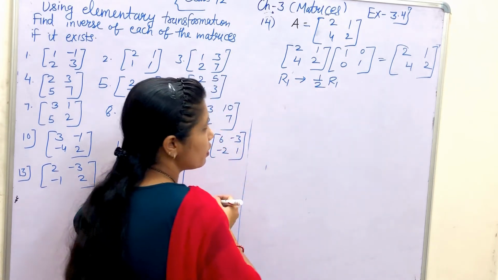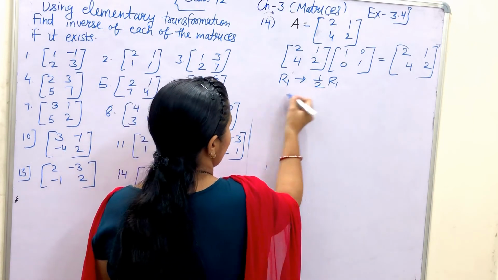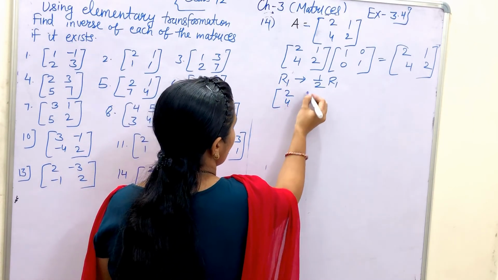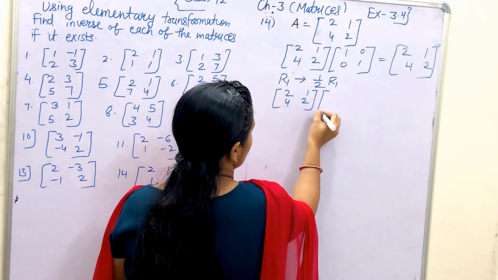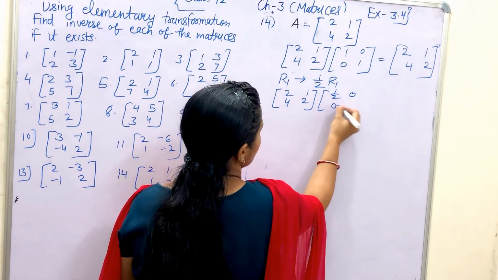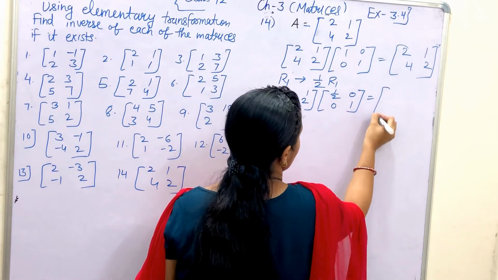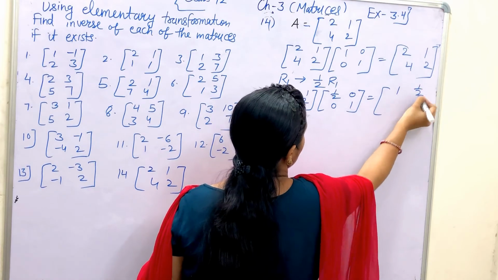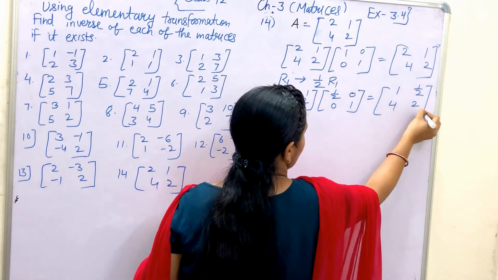We multiply our R1 by 1 by 2. We get 1, 1 by 2, 4, 2, and on the right 1 by 2, 0, 0, 1.